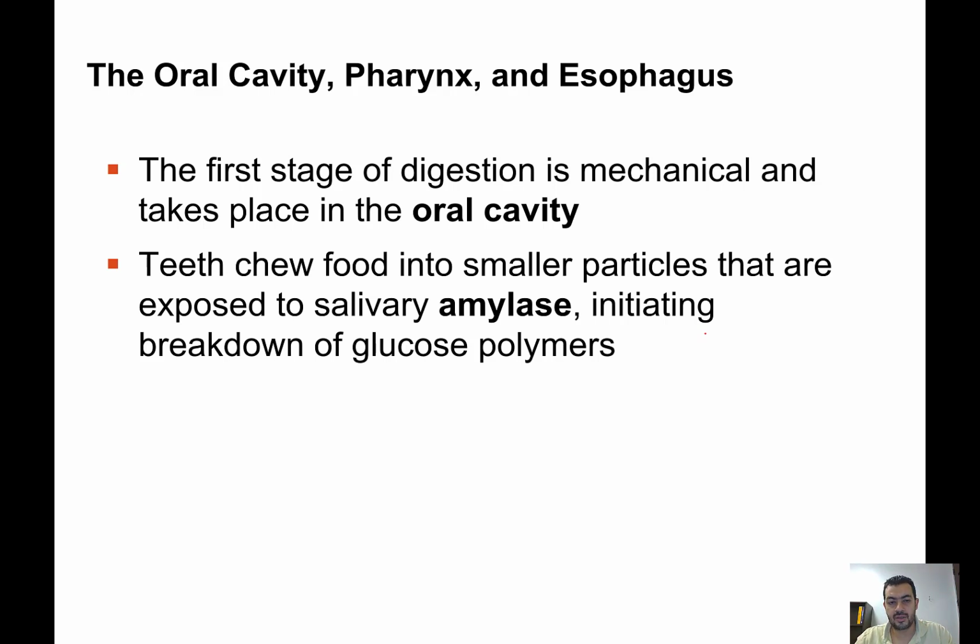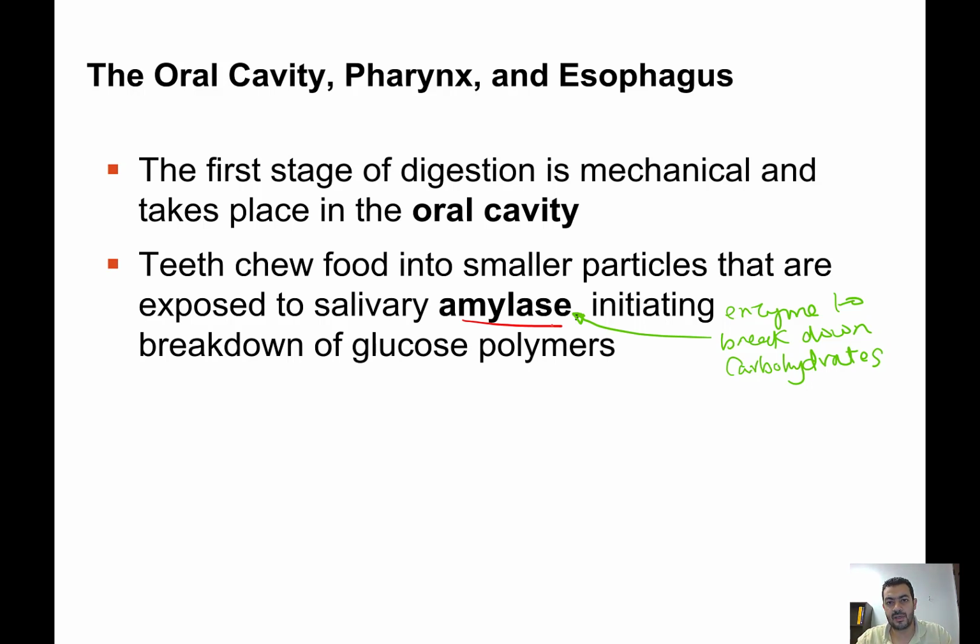In addition to that, we have enzymes being secreted in the saliva in the oral cavity. One of them is the salivary amylase. This is an enzyme that breaks down carbohydrates. Salivary amylase is a specific enzyme acting on the carbohydrate molecules.